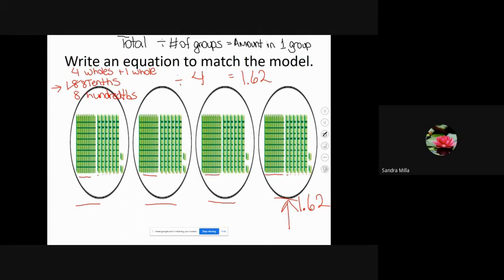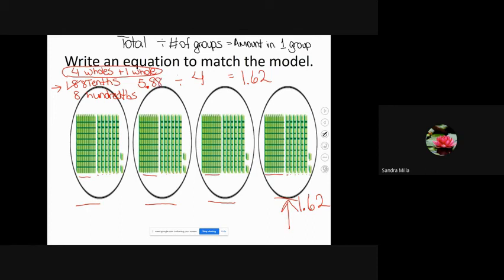So I took 10 dimes out of my 18 dimes, exchanged it for a dollar, and combined it. So now we have 5 wholes, 8 tenths left over, and 8 hundredths left over.